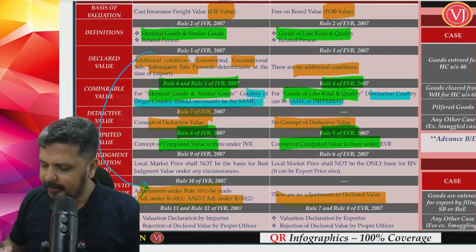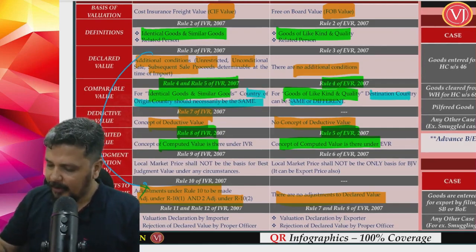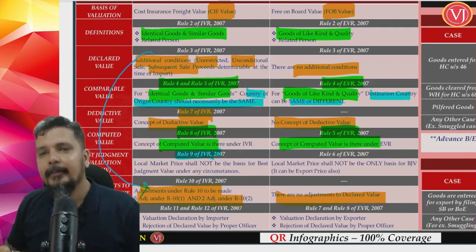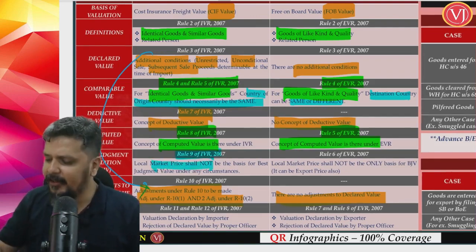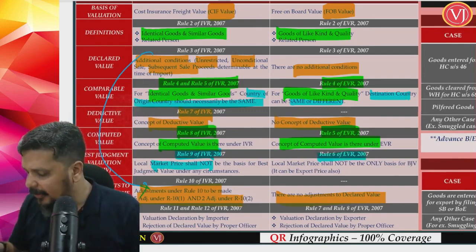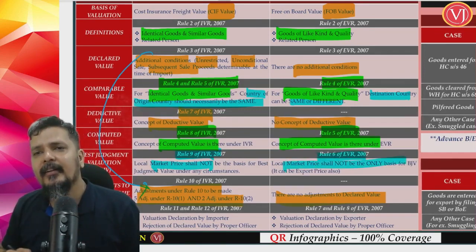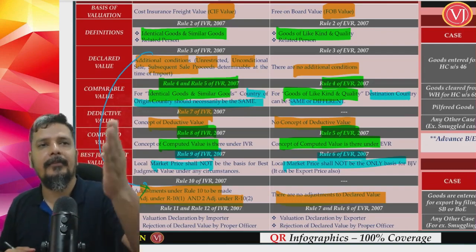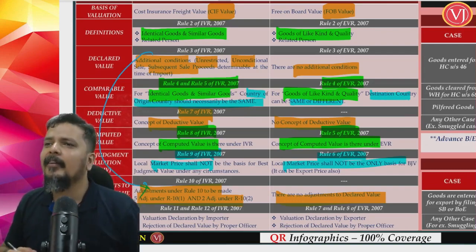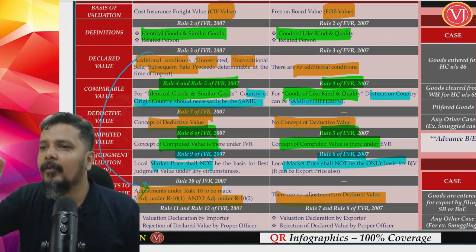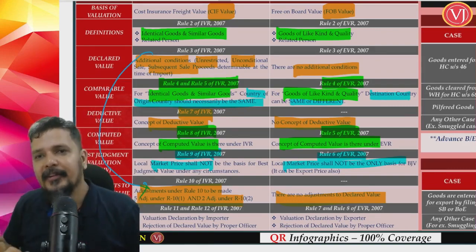Now, in your import valuation, rule 9 is best judgment valuation. Obviously, you will have best judgment valuation even in your export valuation. So there it is rule 3, 4, 5, 7, 8, 9. Here it is 3, 4, 5 and last best judgment valuation 6.